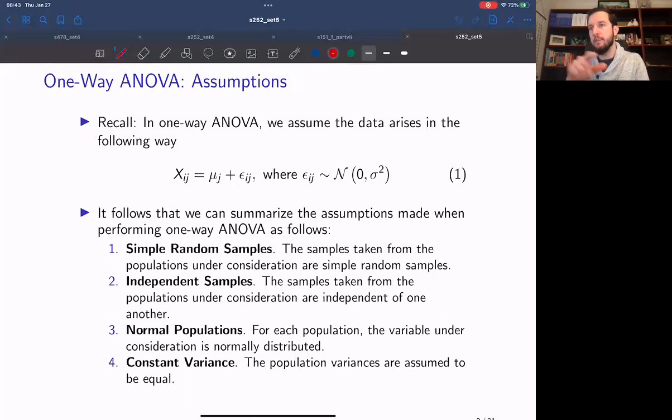I illustrated this last time by sketching out a number of different normal curves, and every normal curve has the same spread. We're placing a population at the center of each mean. All of those populations are normal, so they all have a bell curve, and they're all bell curves with the exact same spread. There's an illustration of this given when we first discussed the assumptions in lecture set 4.